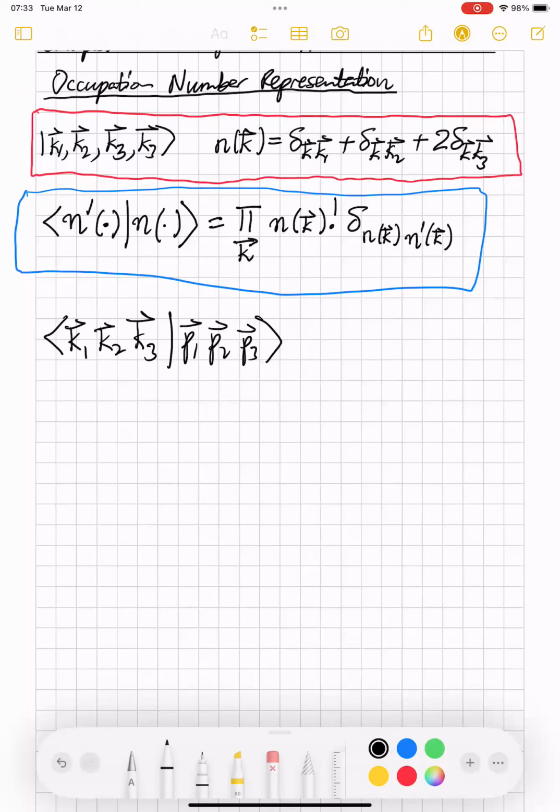Okay, so let's see what this inner product is. Think back to your old description of the Hilbert space. We had delta k1, p1, k2, p2, k3, p3, plus.